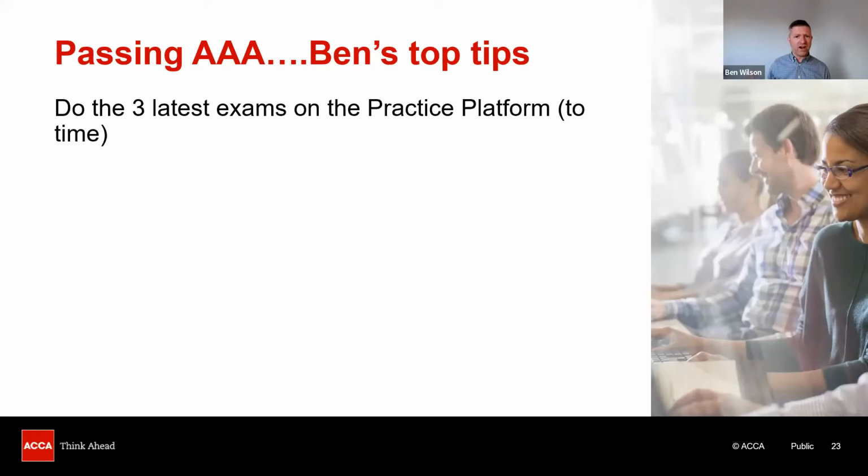The pass rate is 12% higher amongst students who do a mock exam on the practice platform compared to students who don't. And the reason for that is that you are practicing the skill of dealing with a full exam paper. It's the best possible practice you can do.